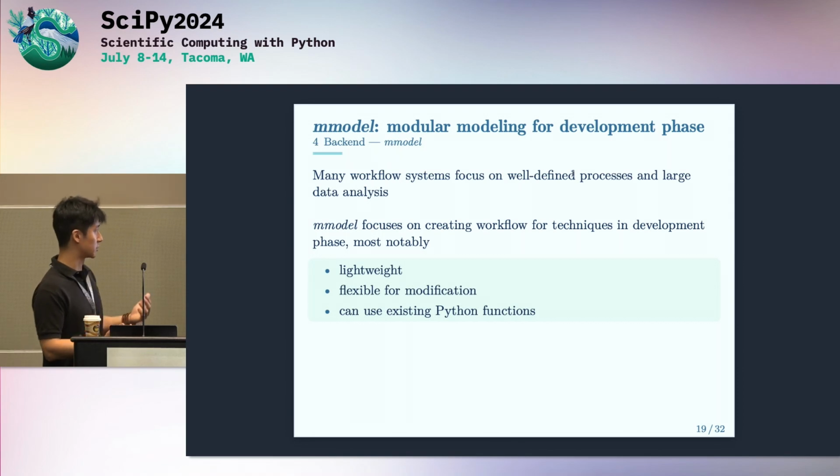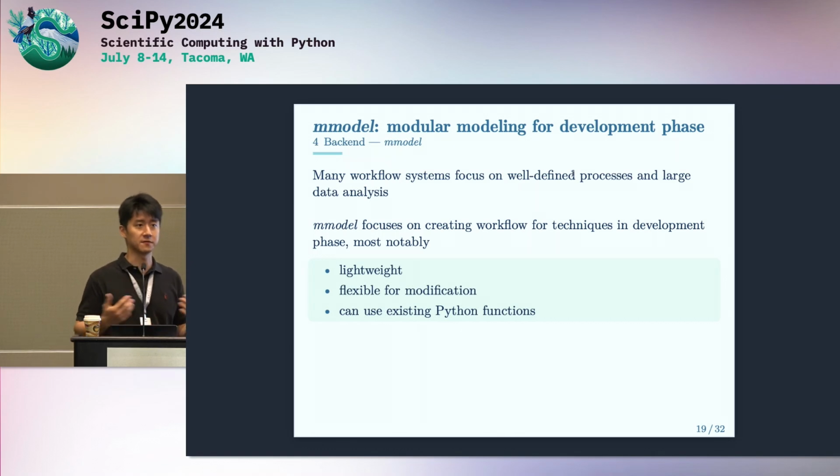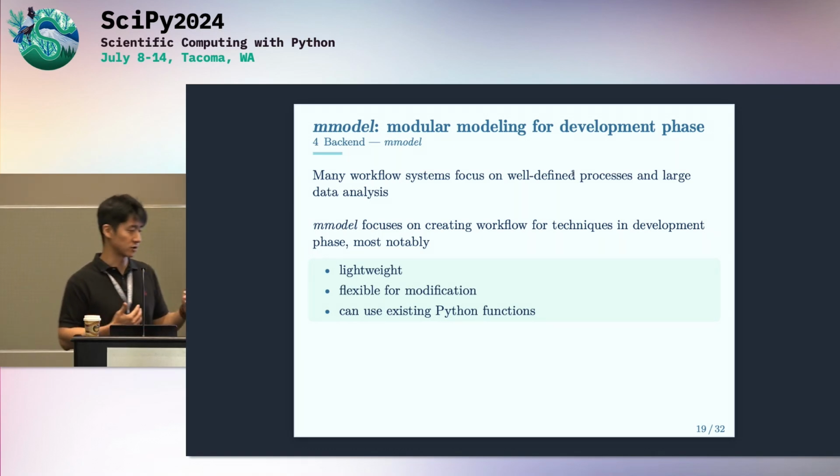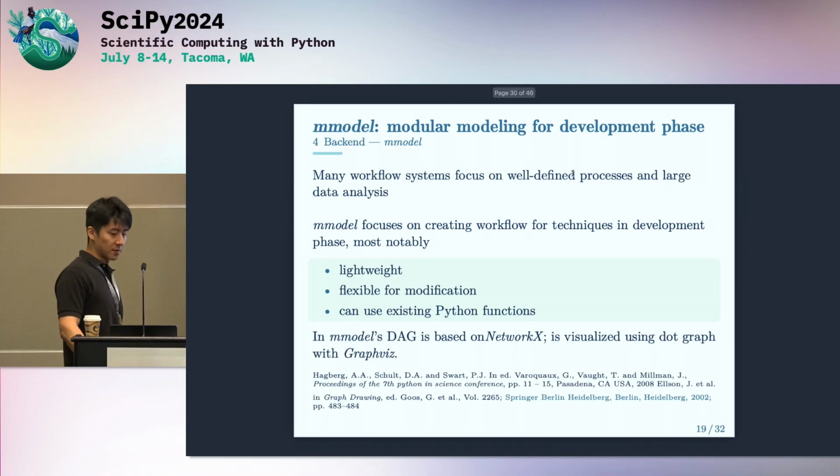We really want it to be able to modify after definition, and we want to use external functions instead of defining new functions as required for a lot of the workflow systems. So we built M-model, stack-based. The graph is based on NetworkX, and we can visualize using GraphViz.